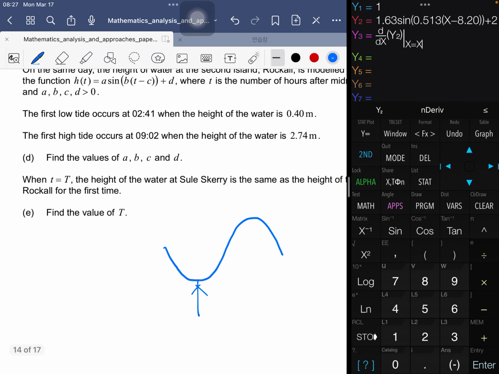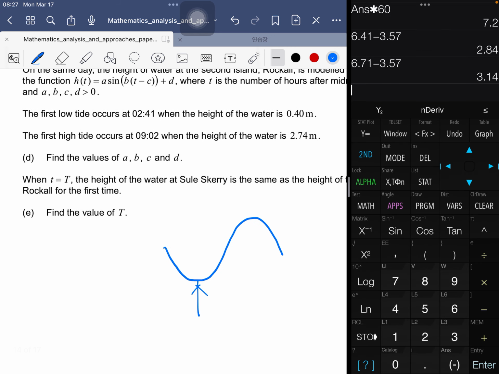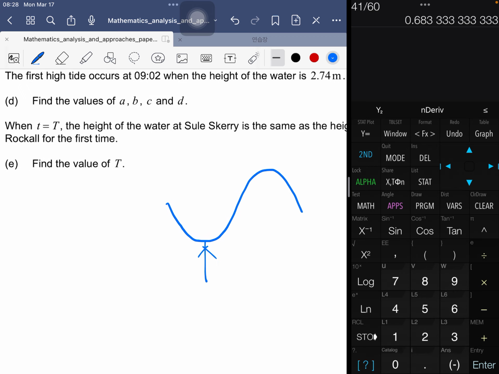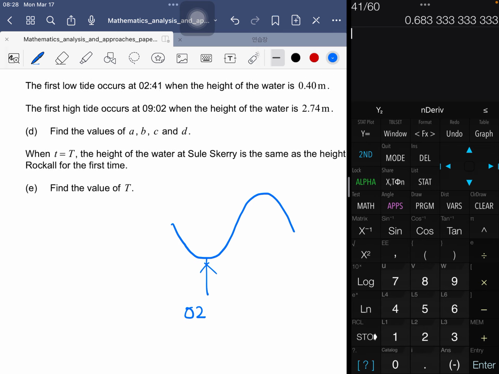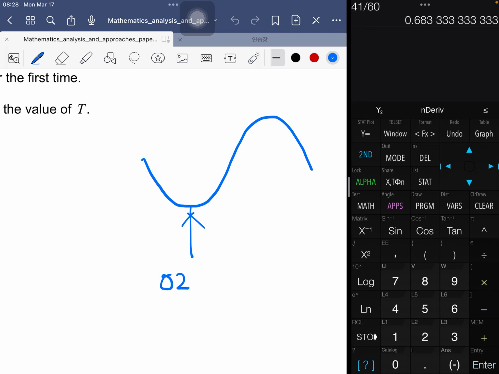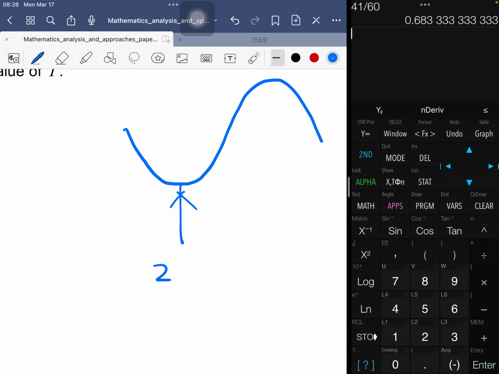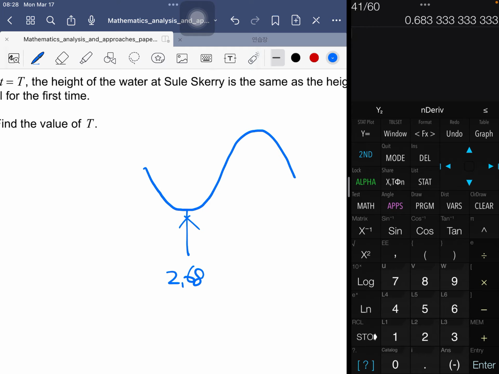Okay, 0241. Let's see. 0241 is 2 hours, and 41 divided by 60 is 0.68. So it's going to be 2.68 hours.